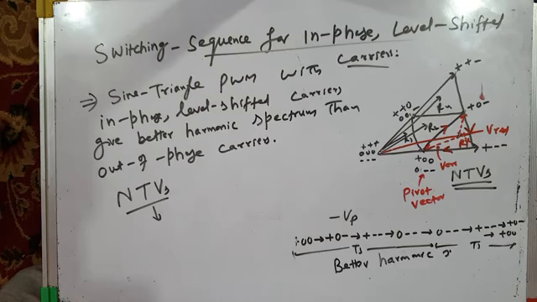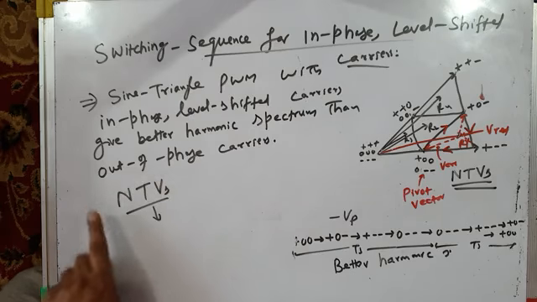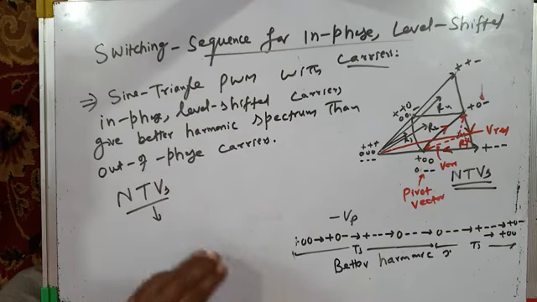We have found from the analysis of switching sequence that Sine Triangle PWM with in phase level shifted carriers gives better harmonic spectrum than with out of phase level shifted carriers, because the in phase level shifted carriers use nearest three vectors. Your rotating reference vector may be in any of the regions, and depending upon which region it is in, it applies the nearest three vectors and gives less error.